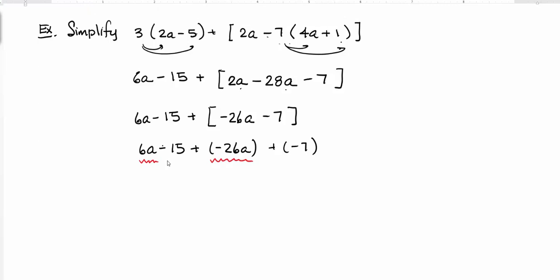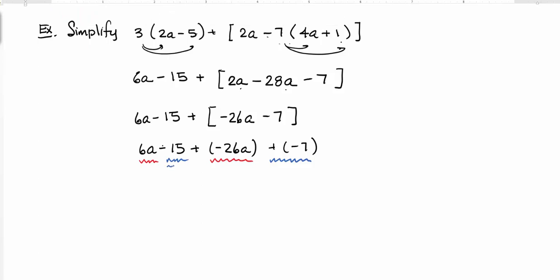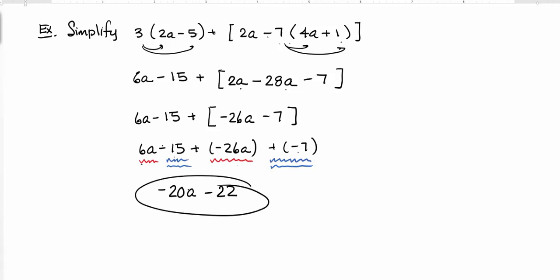And then I have a minus 15 and a minus 7 plus a negative 7. So I'm going to combine what I can. My 6a and my negative 26a leave me a negative 20a. And then a negative 15 and a negative 7 leave me a negative 22. So my answer is negative 20a minus 22.